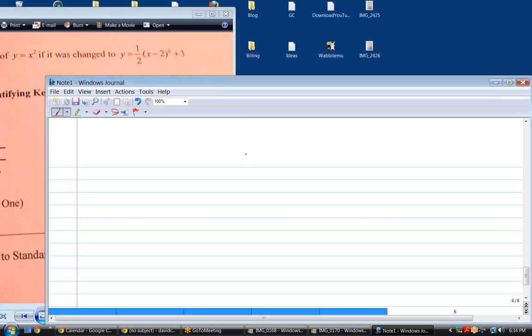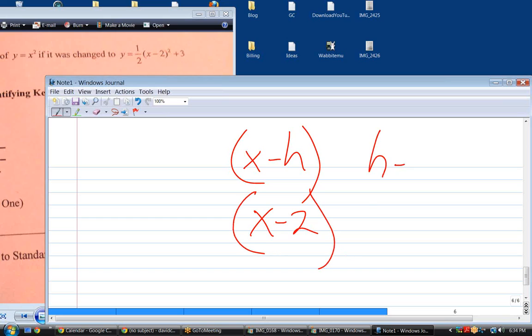Only because this is the standard format, x minus h, as it is with most everything you're going to be dealing with in algebra. It's always going to be x minus h, or y minus k. It's never plus. So if this is the general format, and I'm looking at x minus 2, then h has to be a positive 2.